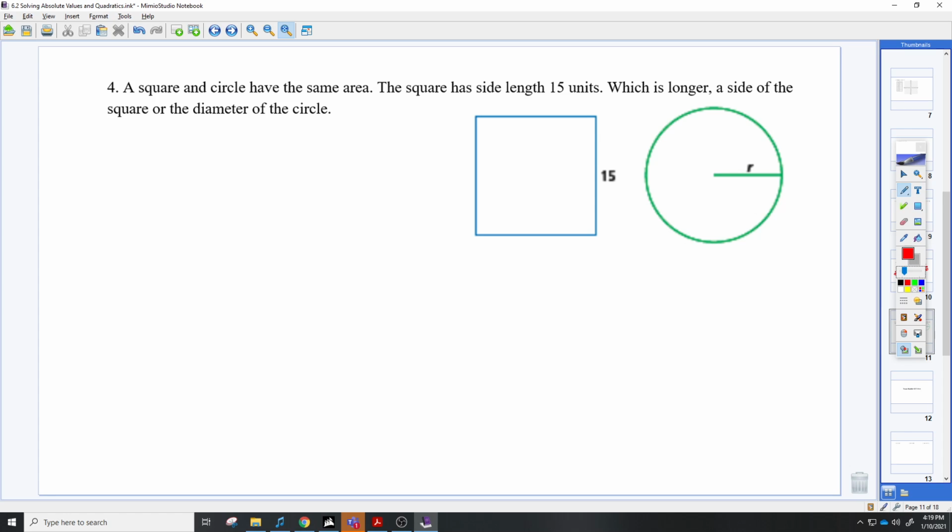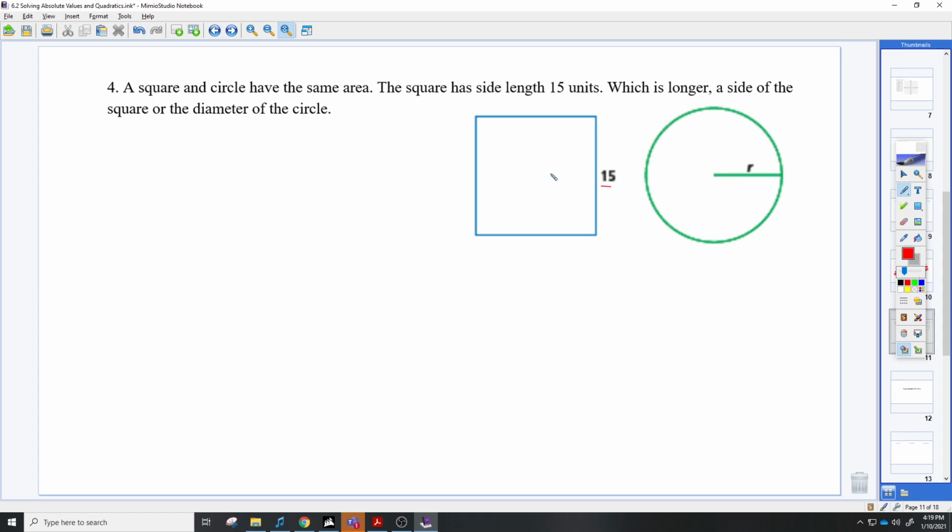A square and a circle have the same area. The square has a side length of 15 units, which is written on here. Which is longer, a side of the square or the diameter of the circle? So we have to see which one is longer.